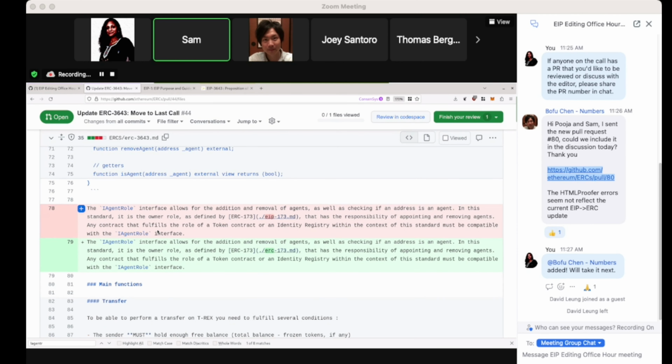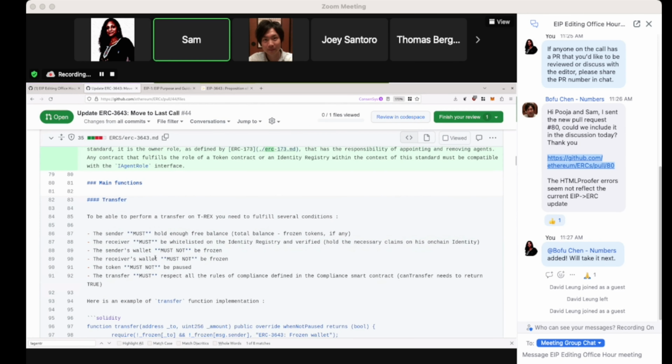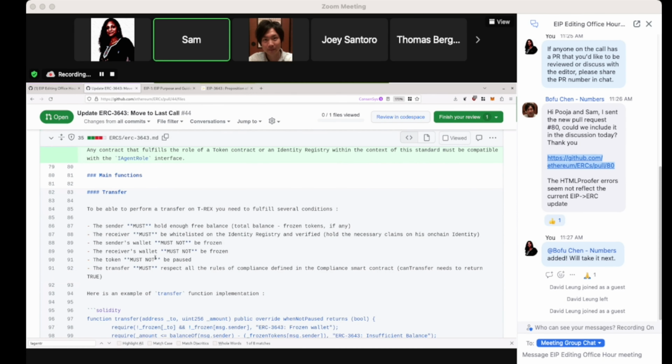Responsibility. Okay. To be able to perform a transfer on T-REX, you need to fulfill several conditions. Sender, yeah, receiver. Yep.